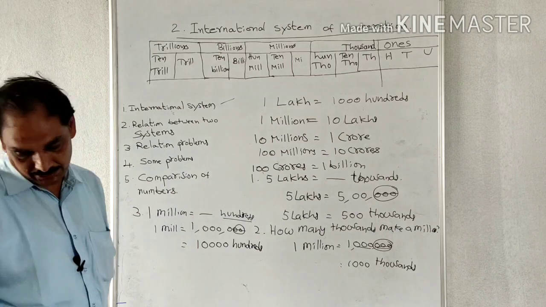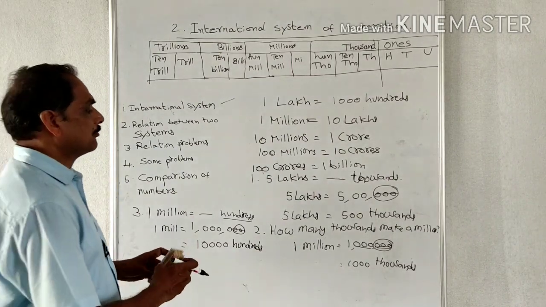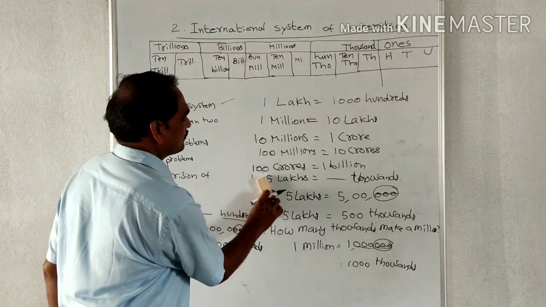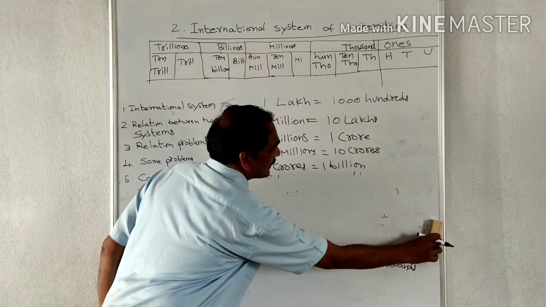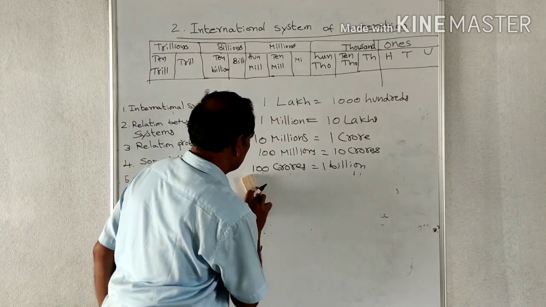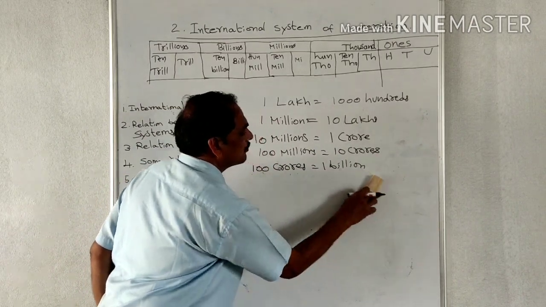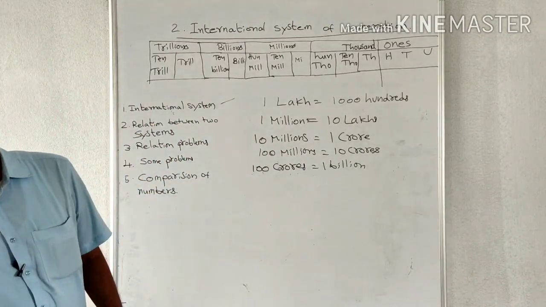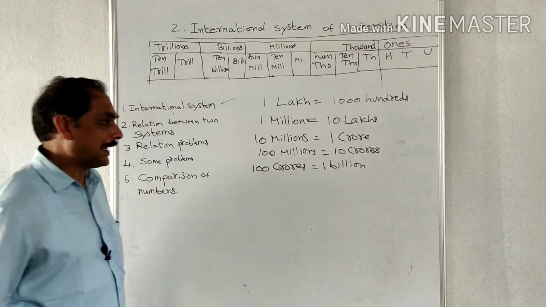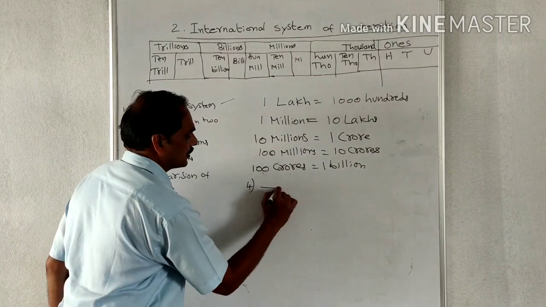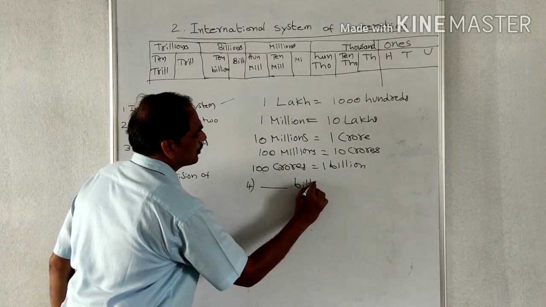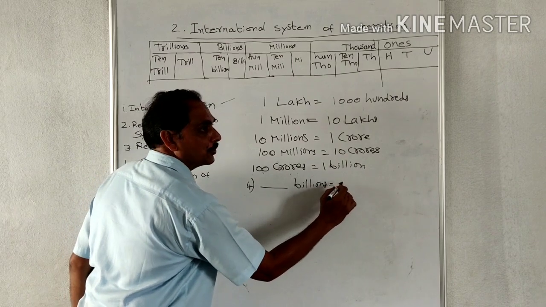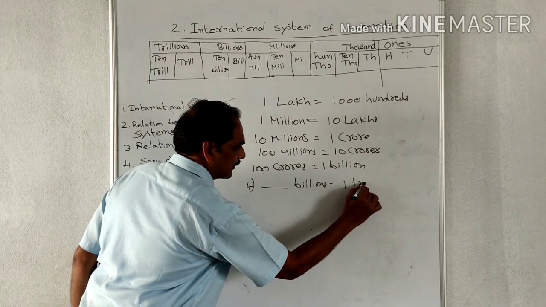Next, to go to the fourth problem: dash billions equal to 1 trillion.